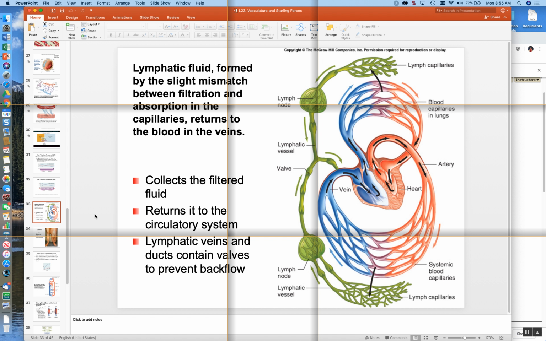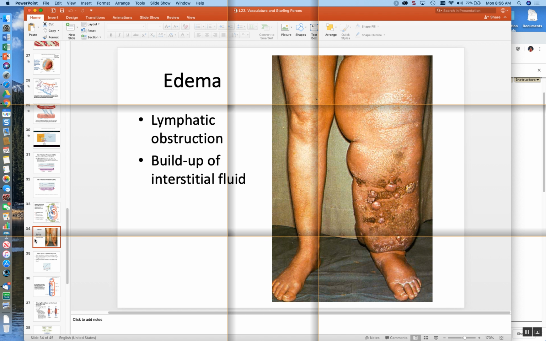The lymph system, again, is very important in that it returns that last 1/10 of the fluid that's filtrated. It returns it back to the circulatory system. Some of you might be aware of this. This is called elephantiasis. It's actually caused by a filarial worm, genus Wuchereria, that blocks the lymph system.